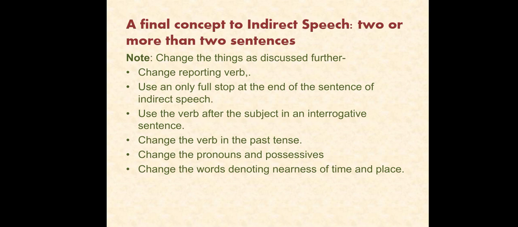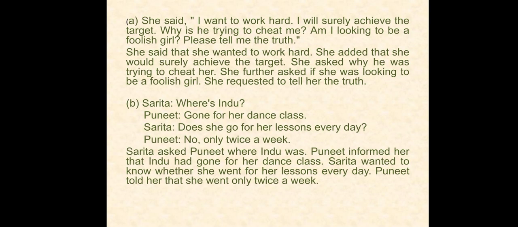Note that we change the things as discussed: change the reporting verb, use only a full stop at the end of the sentence of indirect speech, use the verb after the subject in an interrogative sentence, change the verb into the past tense, change the pronouns and possessives, change the words denoting nearness of time and place. You have to take care of each and every rule which we have just seen. Now, let's see the examples.